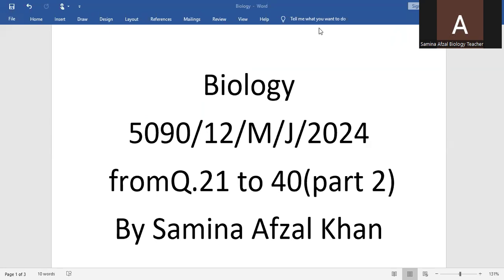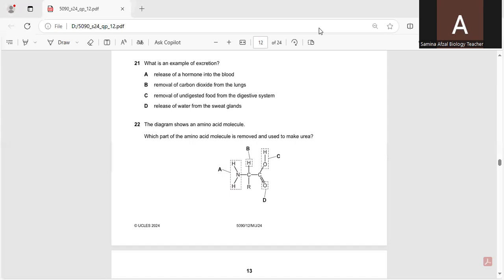So question number 21 is there. What is an example of excretion? Release of a hormone into the blood? No. Then removal of carbon dioxide from the lungs? It is a correct option.